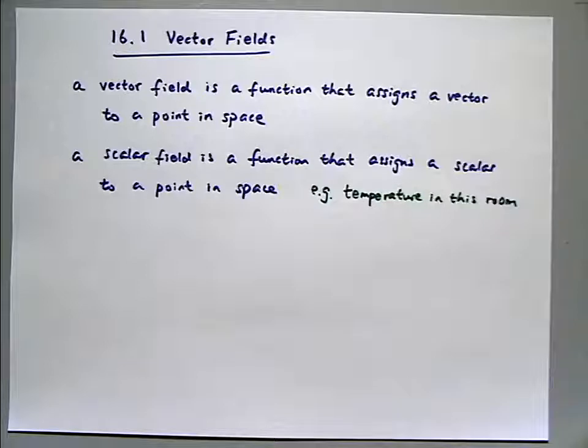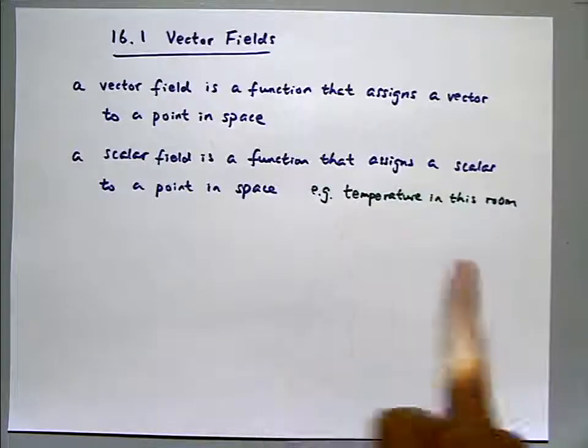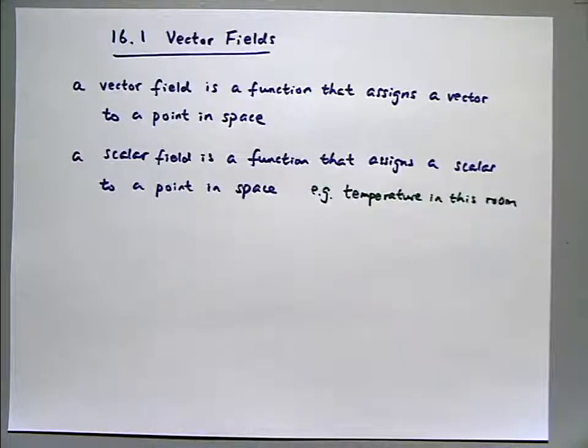You're going to get a temperature reading, and that temperature, of course, is a scalar number. It has no direction, just a magnitude. A vector field is just like that, but instead of a scalar, you get a vector, something that has a direction and a magnitude.